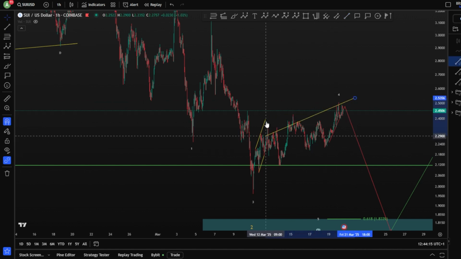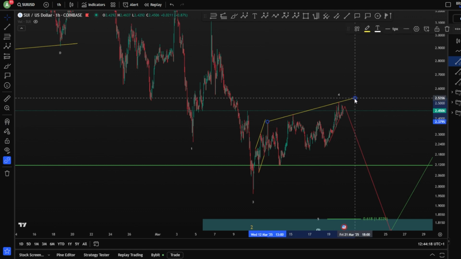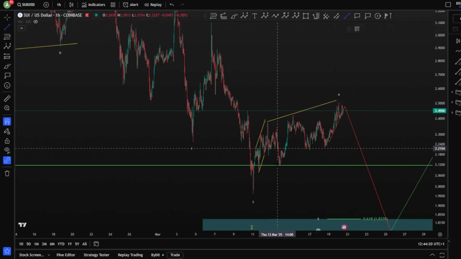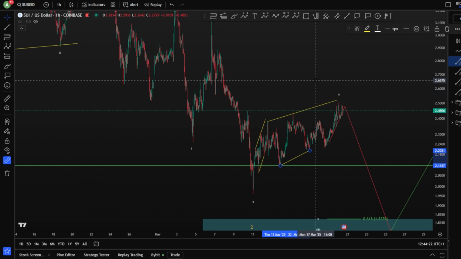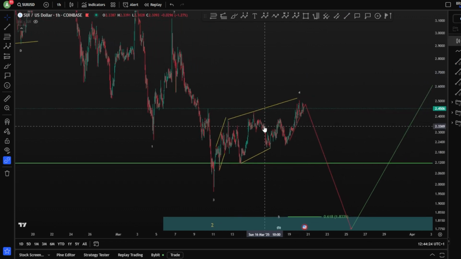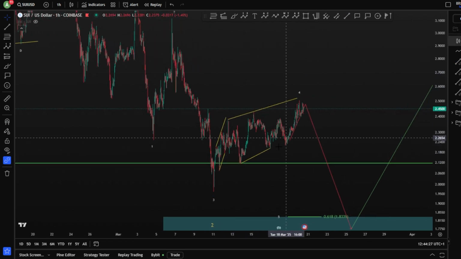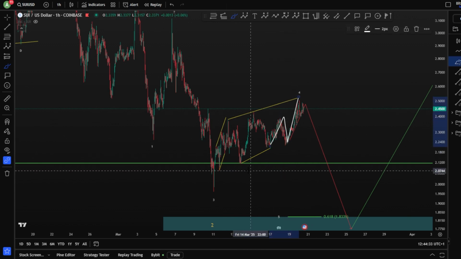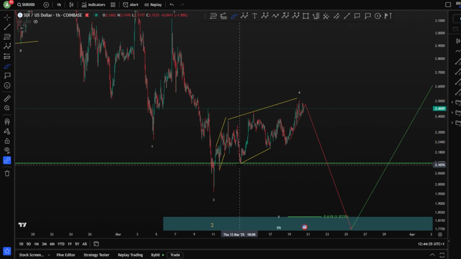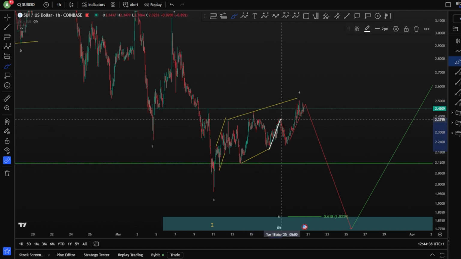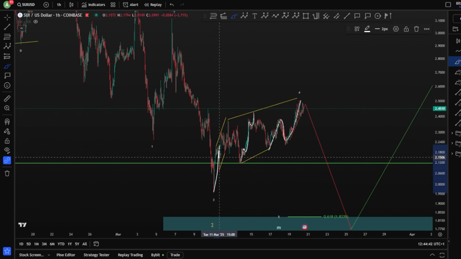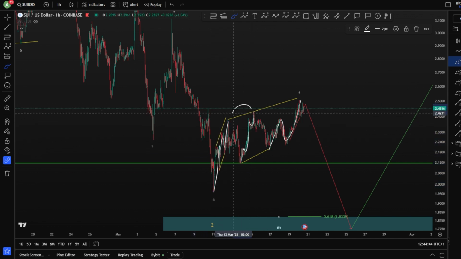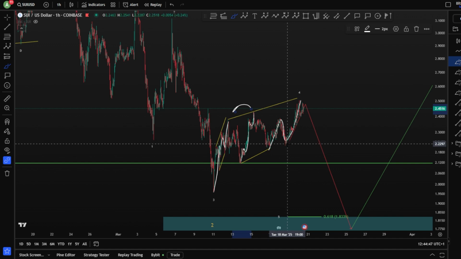So wave 1, sorry, here, wave 1, here we go, wave 2, 3, 4, here we go. And I think this has higher possibility because of this small area here that it might be a zigzag, potentially. But the problem is if this is a zigzag, then this is an impulse and this is a leading diagonal, which are both fine together.